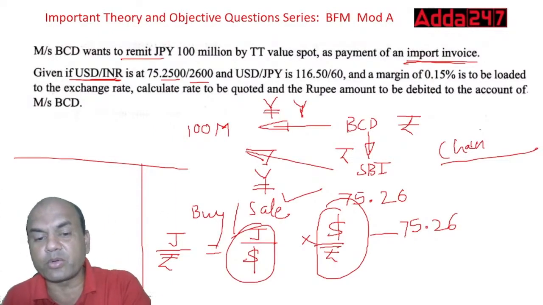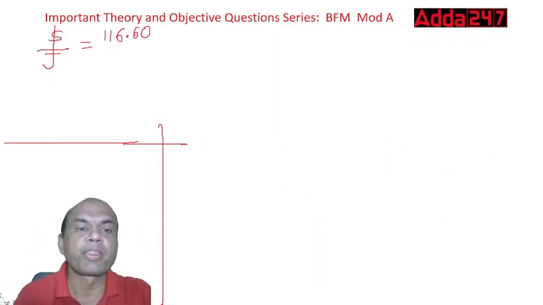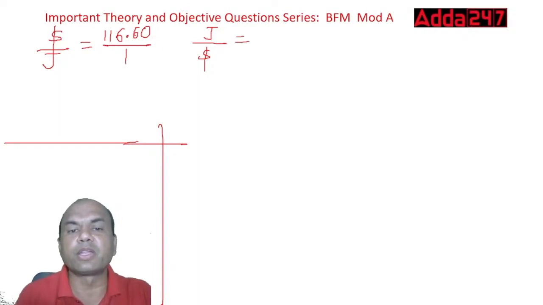I want JPY to dollar. See, this is what I am requiring. So if I reverse this, what is the rate I will be getting? So JPY to dollar will be, I'll reverse this also. Whenever nothing is below, it means it's 1. So I'll be using 1 upon 116.60. Right? So JPY to dollar is 1 upon 116.60.